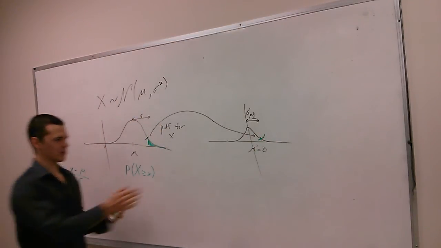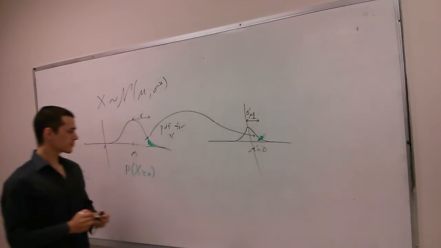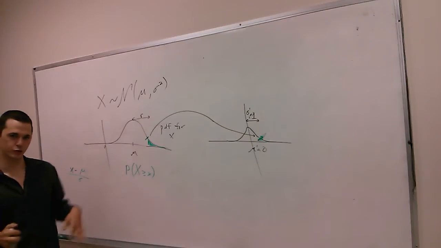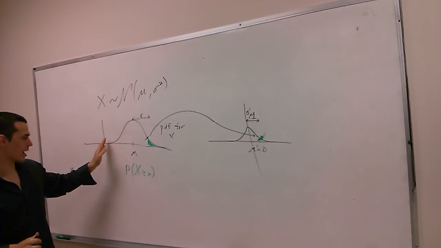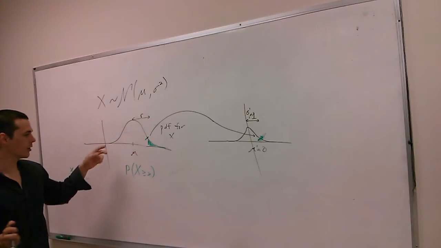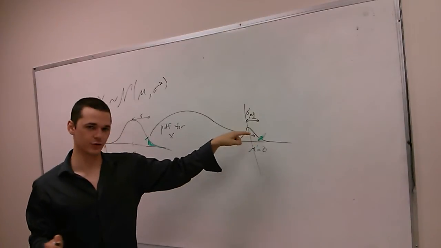Actually, let's call this z, z for z-score. Given a normal distribution which is at some location, not necessarily 0, and has some width, not necessarily 1, we want to map it to the same-looking point on this standardized version.